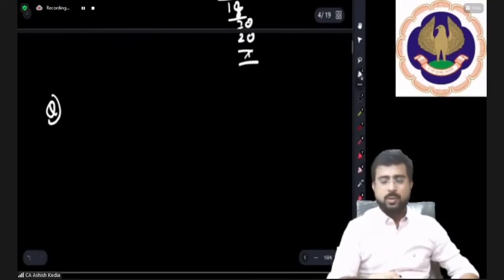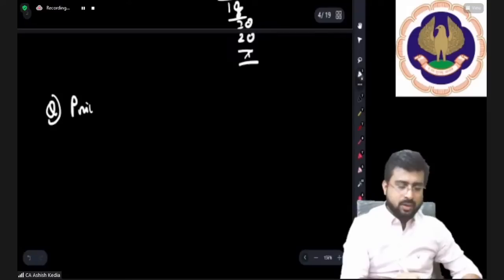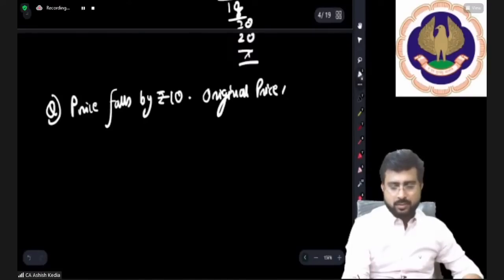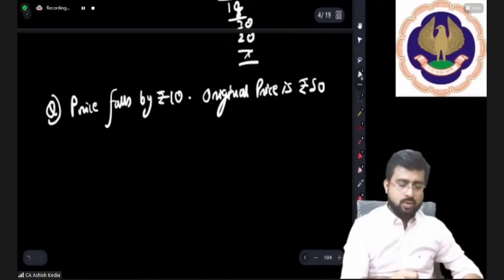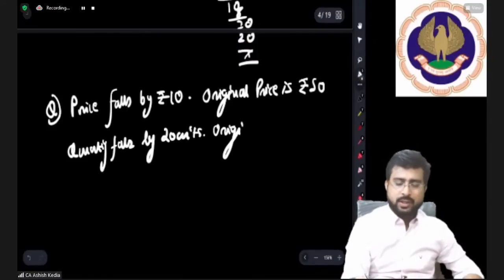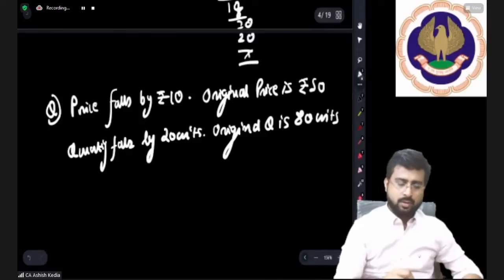If the price falls by rupees 10, the original price is rupees 50, and the quantity falls by 20 units, the original quantity is 80 units. Calculate the elasticity of supply.